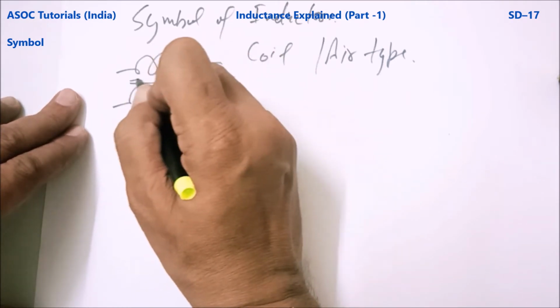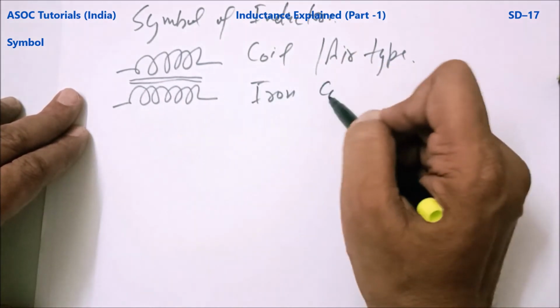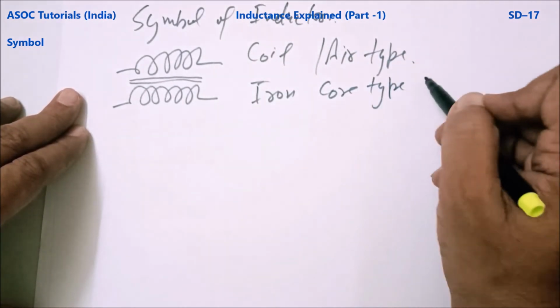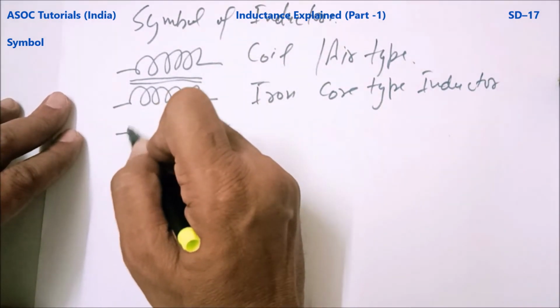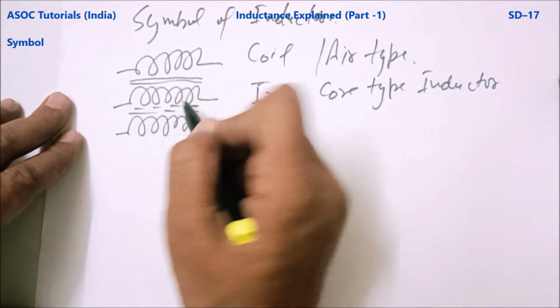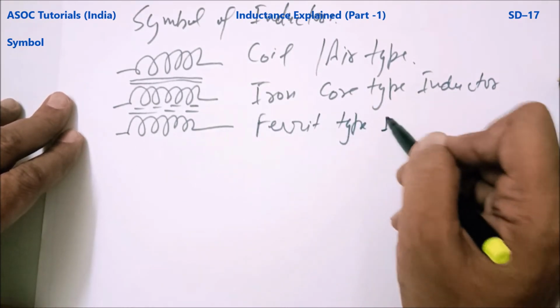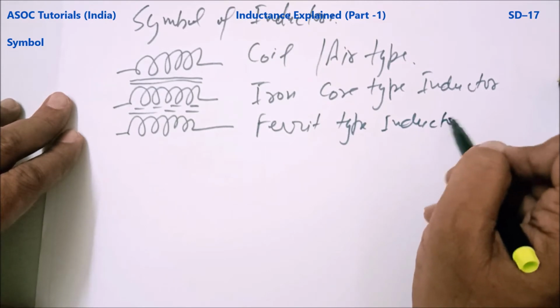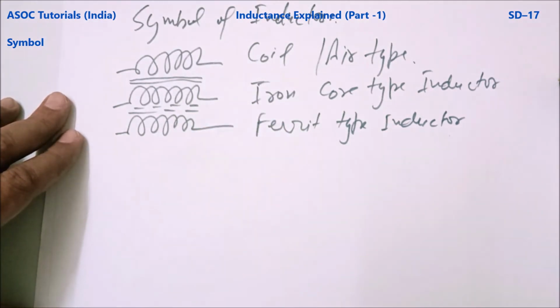For the iron core type we use two parallel straight lines. This is called the iron core type inductor. The third one is the ferrite type. For the ferrite type inductor we use a dotted line. This is called the ferrite type inductor. In the next part, I am going to tell you about the transformer and variable inductor. I will tell you that there, not here.